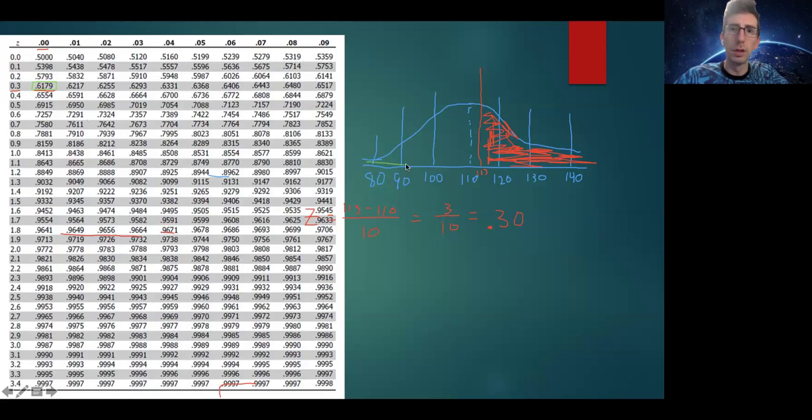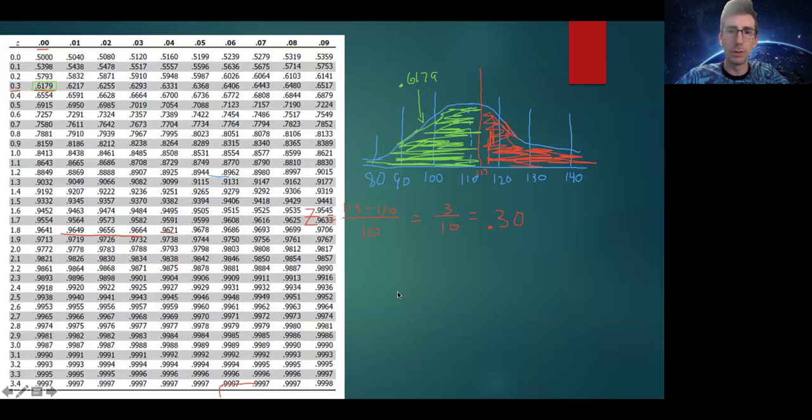So this is actually everything to the left, right? Because again, in our z-table, these values are always the area under the curve from our z value cutoff to the left. We want the area to the right.